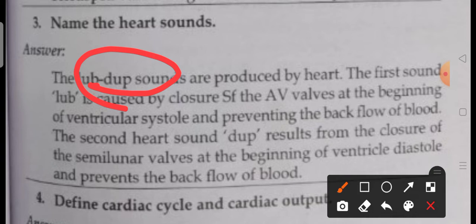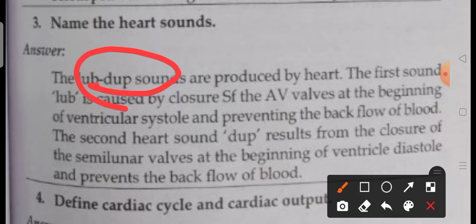The second heart sound, dub, results from the closure of the semilunar valves at the beginning of ventricular diastole. It prevents the backflow of blood. The first sound is known as lub, and the second sound is known as dub.